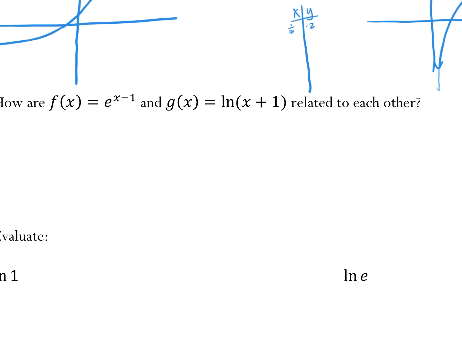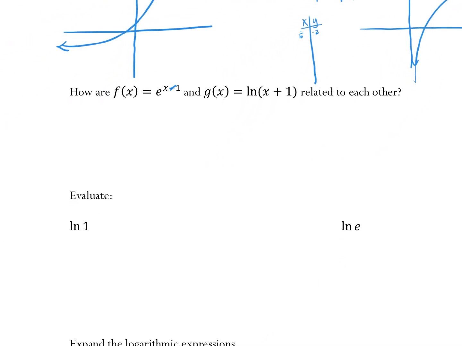Okay, now, as for this one, the typo was that this minus 1 was not in the exponent. So this should have been e to the x minus 1, and showing the inverse operation might be a little bit easier. The minus 1 isn't in the exponent.